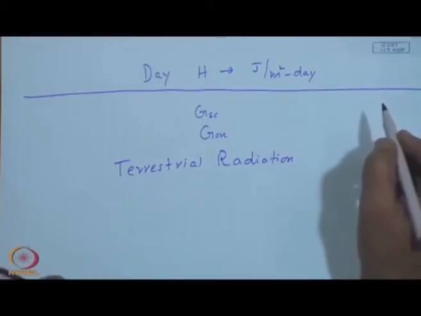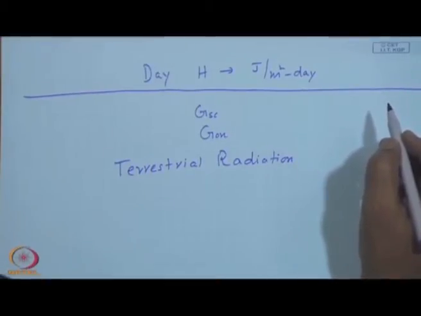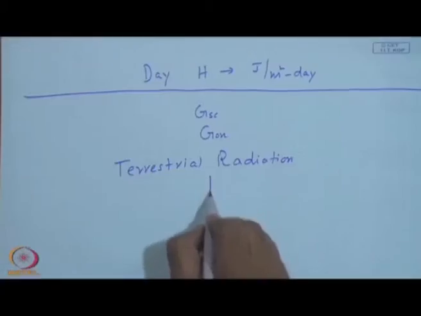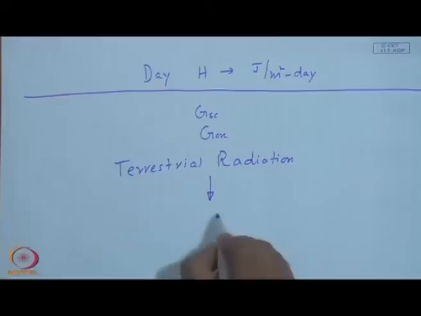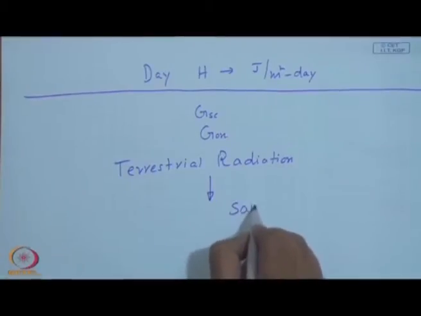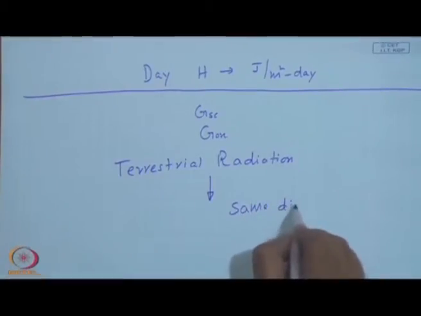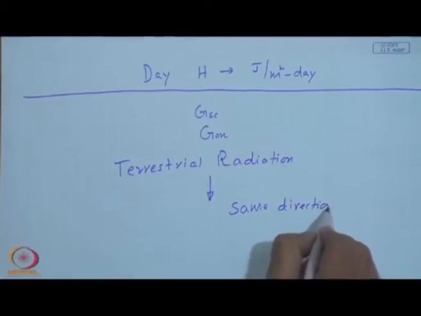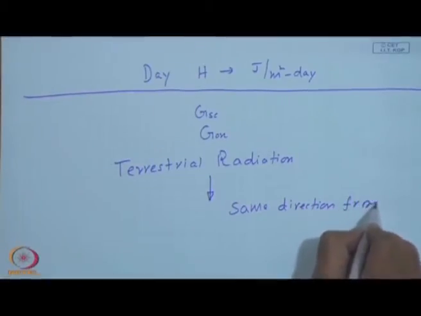In the process of transmission through atmosphere, the solar energy, part of it is absorbed by CO2, water molecules. There will be forward scattering, there will be reflection, there will be in scattering and out scattering. So, terrestrial radiation will come in the same direction from the sun.